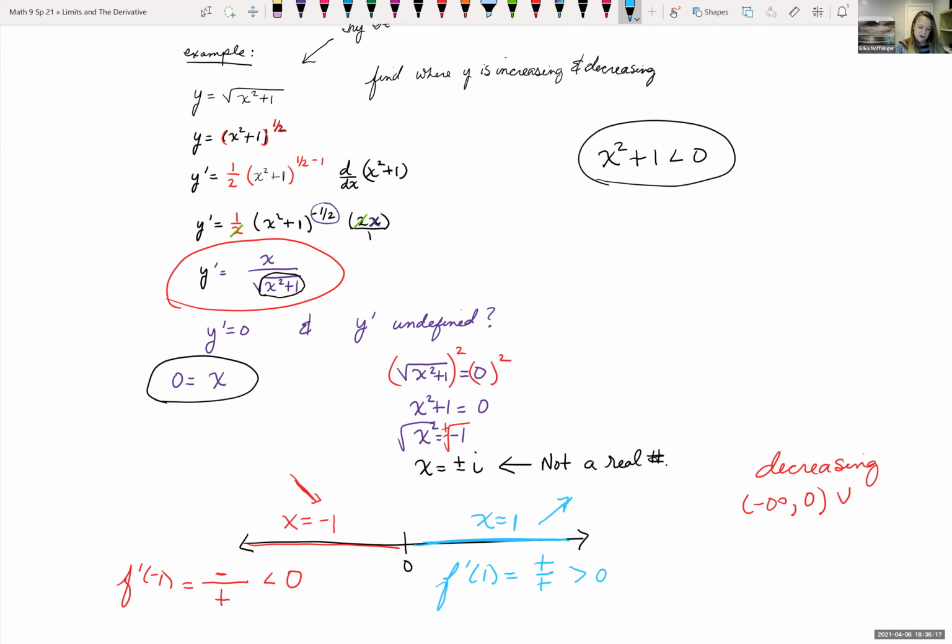So if we graph this function, it is defined at x equals 0 for our original function. It is decreasing and then increasing. And so we talked about if we have something that decreases, is defined at that critical number, and then increases, I can see that at x equals 0, there is a minimum value.